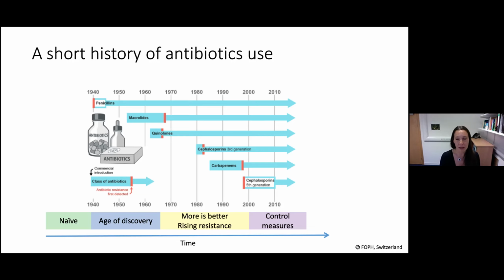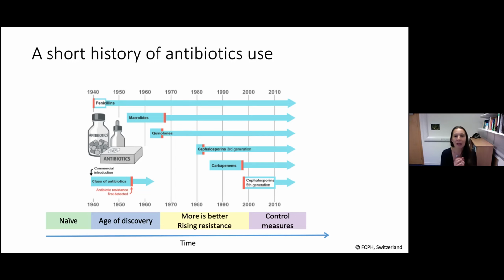However, the only consequence of that was that resistance was on the rise. Until, for the last 20 years or so, different countries and continents worldwide have started to implement control measures to try and curb this rising antimicrobial resistance.